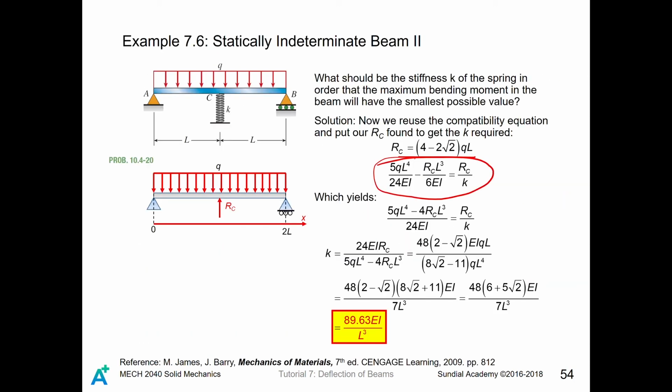So you have to be mentally prepared for such cases. If you get some problem and you want to solve it, don't think, okay, the sketch is easy, then the problem will be easy. No, sometimes for beam deflection problems, the easy sketch could bring you a very troublesome problem.